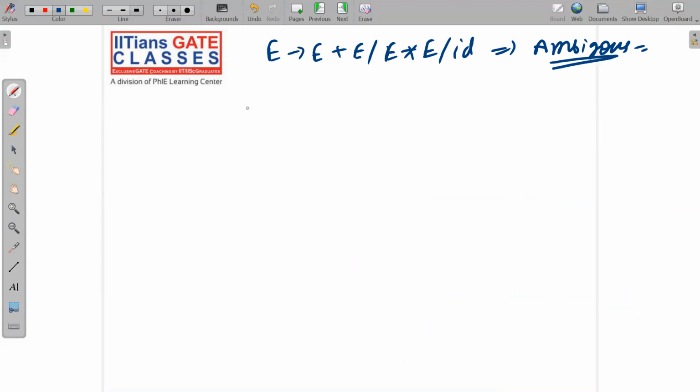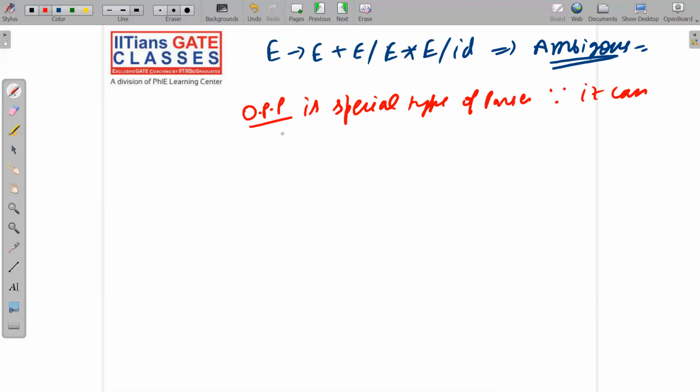I have already told you many times, operator precedence parser, OPP, is a special type of parser. Why are we calling it a special type? Special type of parser because it can parse few but not all ambiguous grammars.